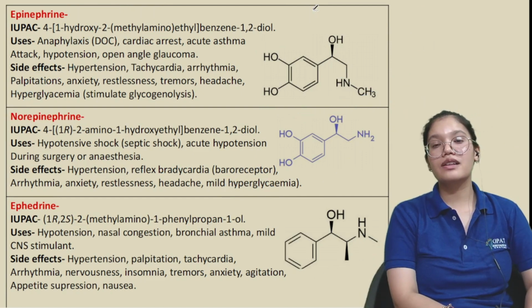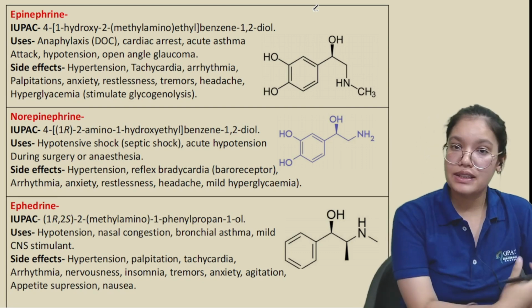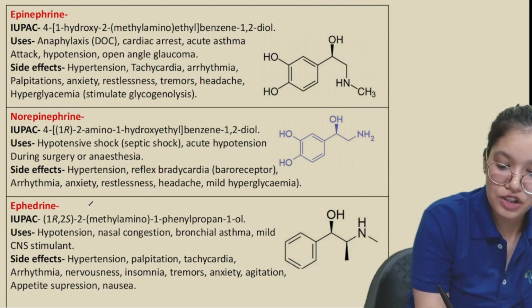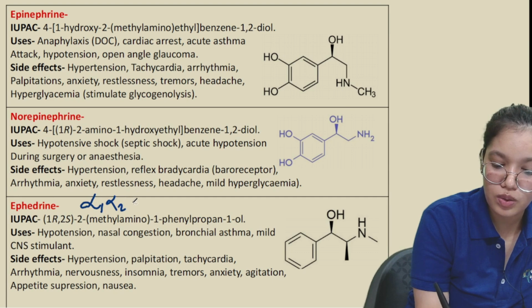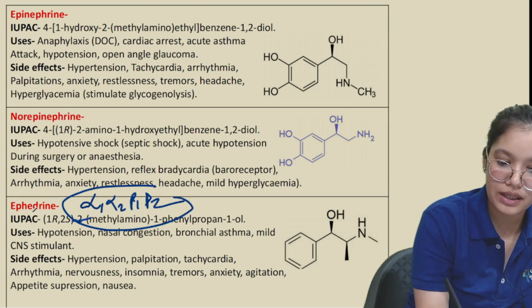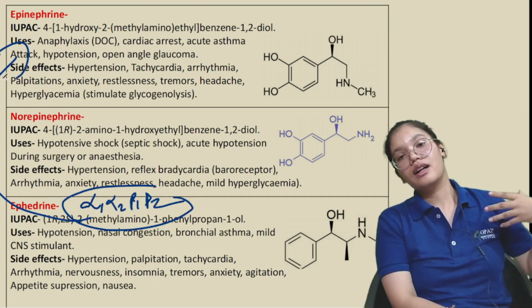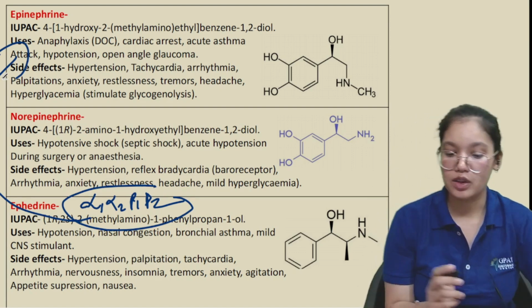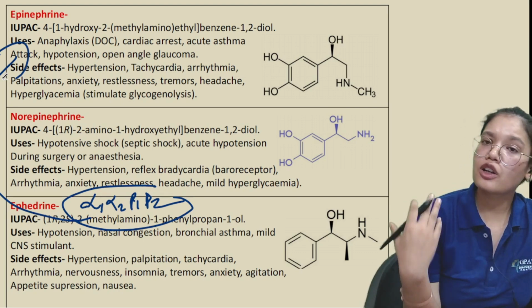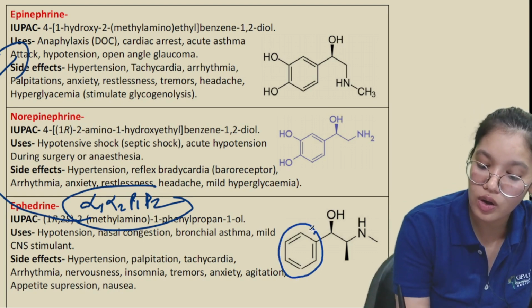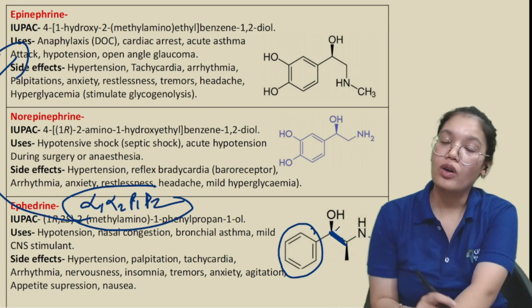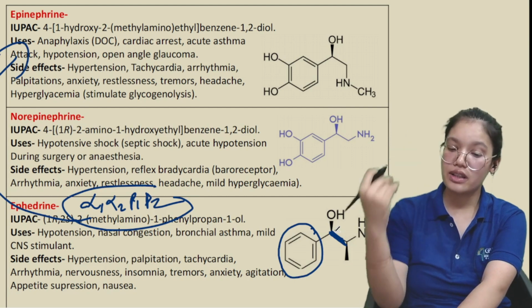Next drug we have is ephedrine. Now, this ephedrine is a mixed action drug, meaning it acts directly plus indirectly. Direct action at alpha 1, alpha 2, beta 1 and beta 2, just like epinephrine, but it also acts as a releasing agent, like the indirectly acting ones. Now, ephedrine is a non-catecholamine, so it does not contain a catechol ring but a phenyl ring that is attached to the ethane bridge that contains OH at the beta position.